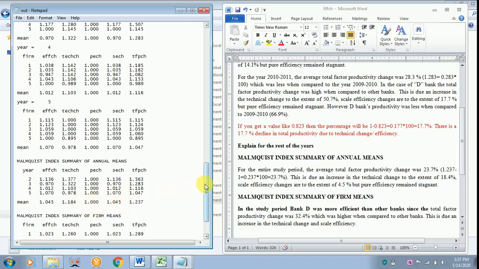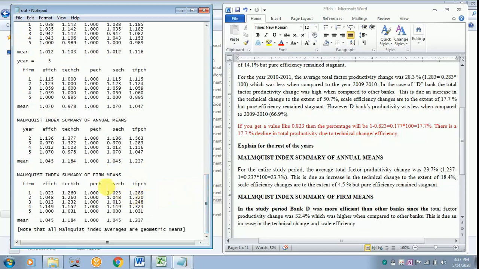Next we are moving towards the index summary of firms. In the study period, starting from 2008 to the end, you can see that the total factor productivity of the banks or firms, whatever the case may be, is 23.7%, and in that it is D bank which is leading of all.